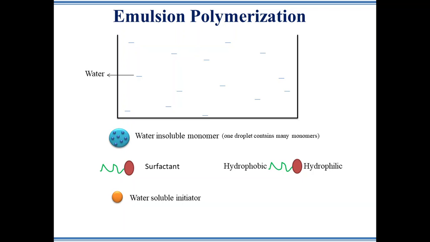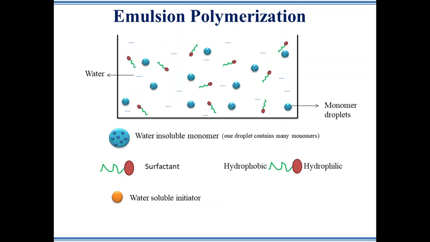Emulsion polymerization is one of the ways to overcome the limitations of bulk and solution polymerization. In emulsion polymerization, water is taken as continuous phase which contains water insoluble or hydrophobic monomers like oil. The emulsifier or surfactant is added to form a monomer in water emulsion.